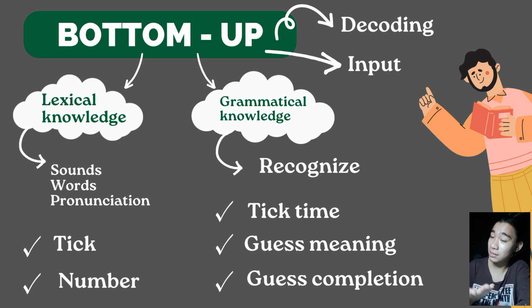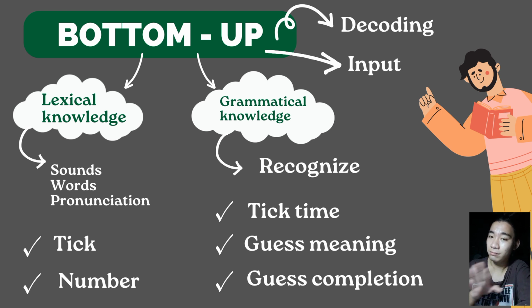For instance, you can stop and students think of the completion of the sentence, especially when it comes to verb forms, their conjugation, parts of speech, and so on. So there are a lot of activities that you can include to train your students and develop their grammatical knowledge.